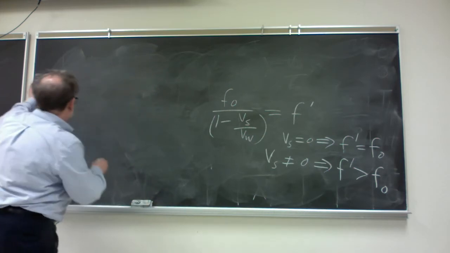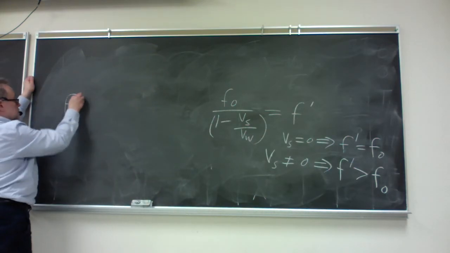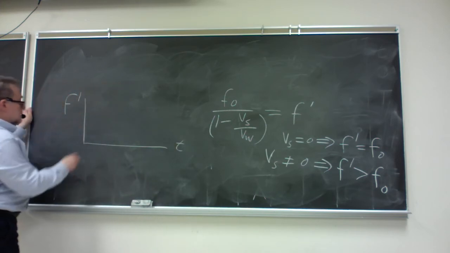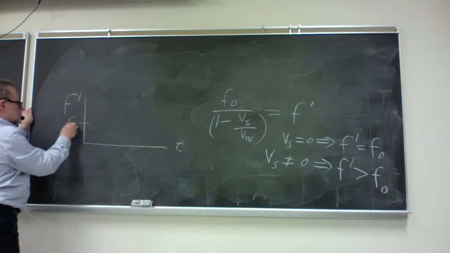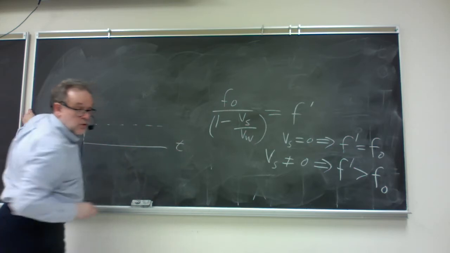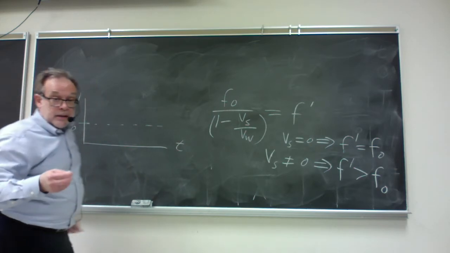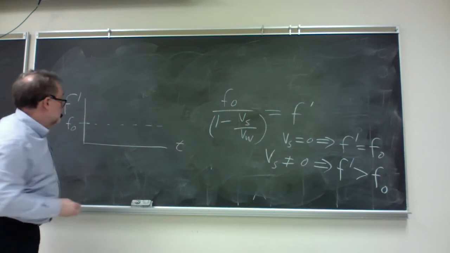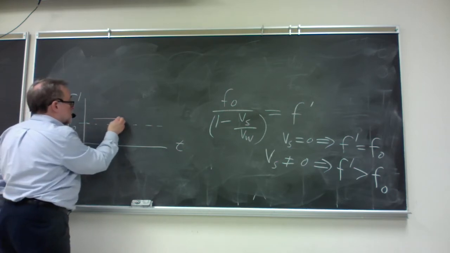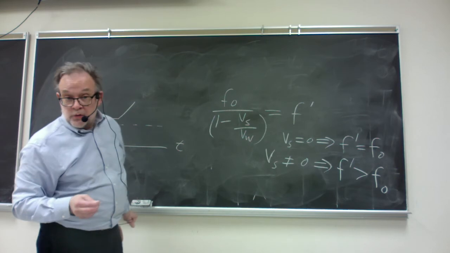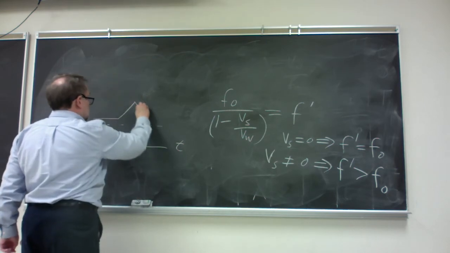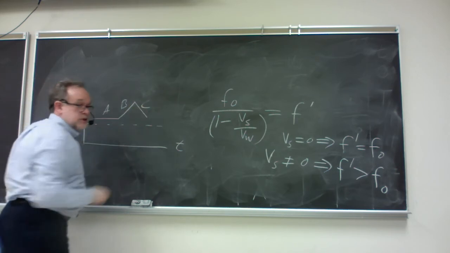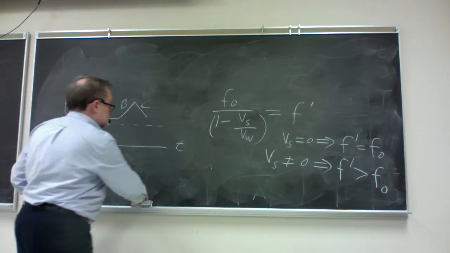So it's a graph of the perceived frequency, the frequency you hear, as a function of time, and the actual frequency of the source would be this value. And let's say as time goes by, you hear a perceived frequency like this, constant for a while, and then a rising frequency, and then a dropping frequency. And we'll call those three different situations A, B, C.